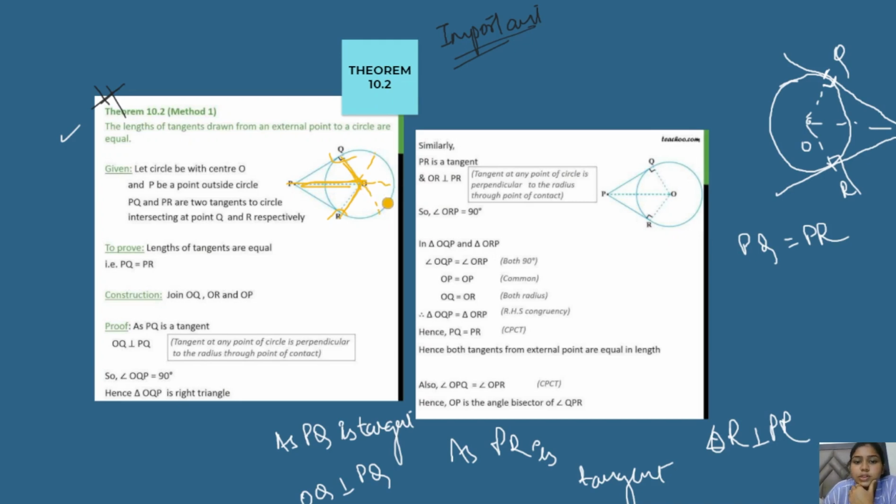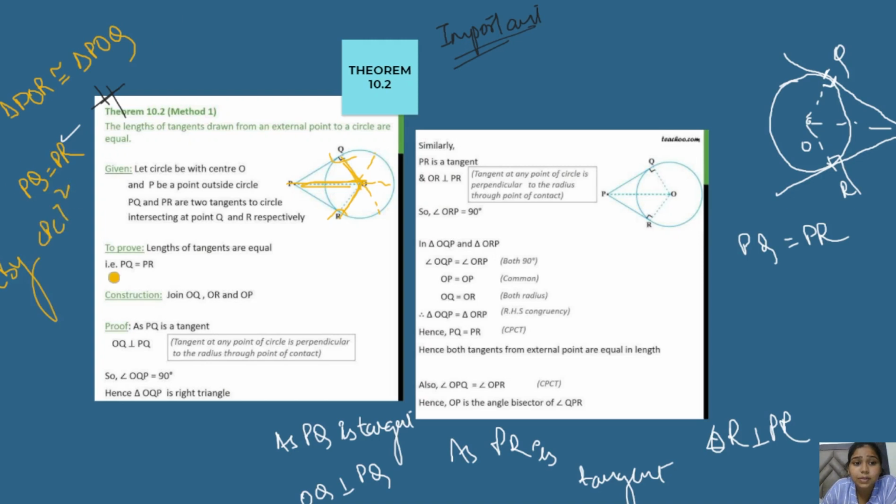So by the RHS congruency rule, we can prove that they are congruent. So triangle POR is congruent to triangle POQ. Am I right? So by this we can prove that PQ is equal to PR by CPCT.